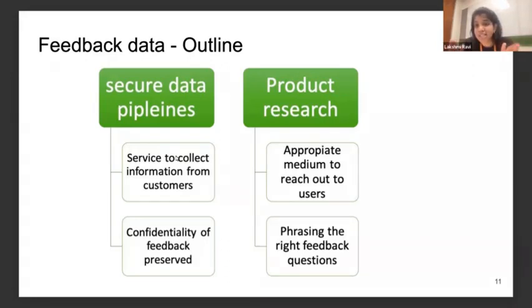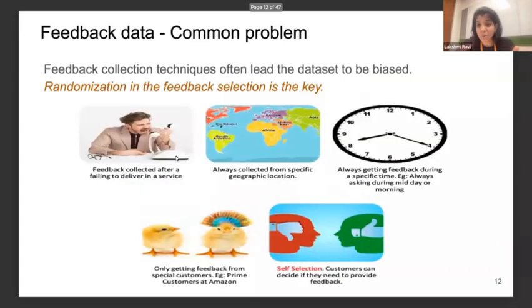So what is the problem for a machine learning practitioner here? Once you know the engineering team is building some secure data pipeline, they will always try to trade off on something very critical for you, which is the randomization.